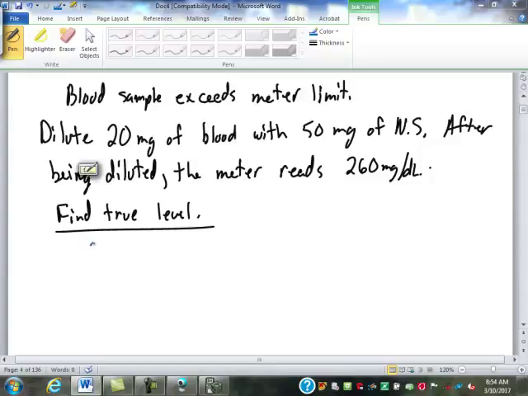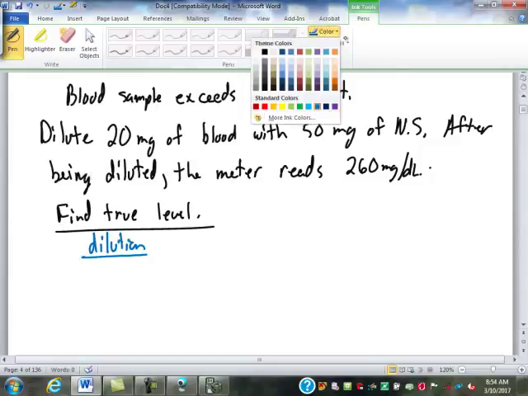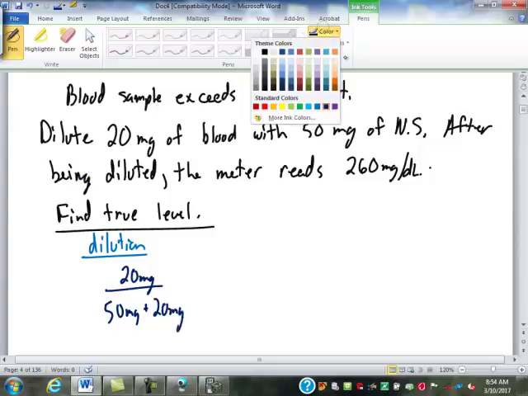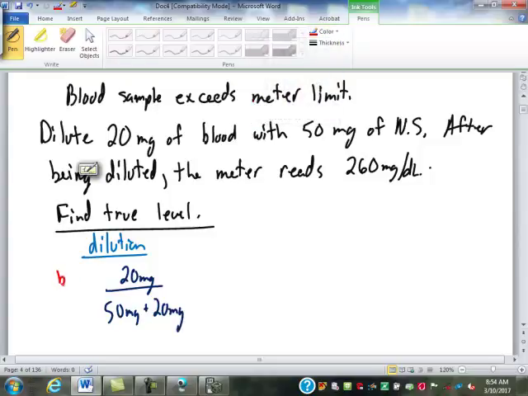Find the dilution. Very good. And what's that dilution going to be? How do we find it, I should say? It'd probably be easiest to do them right away, to do 20 milligrams on top and then 50 over 20 on bottom, so that we do have the blood and the total.